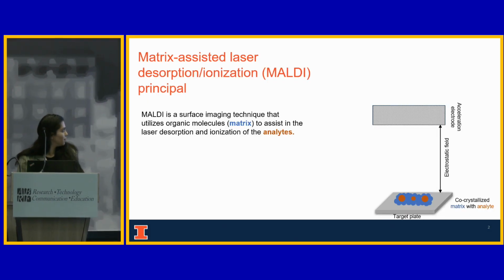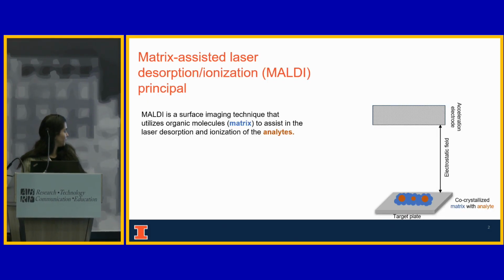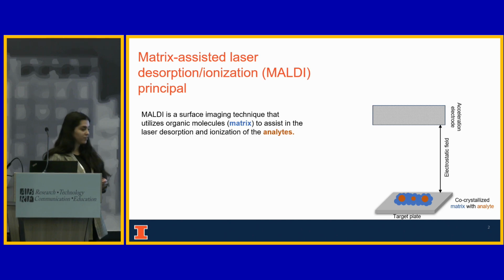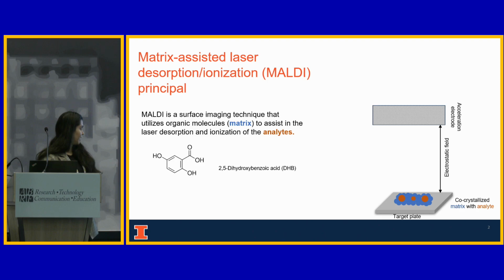Multiscale mass spectrometry imaging is basically matrix-assisted laser desorption ionization, which stands for MALDI. This is a surface imaging technique that utilizes organic molecules such as 2,5-dihydroxybenzoic acid to assist laser desorption and ionization of the analyte.